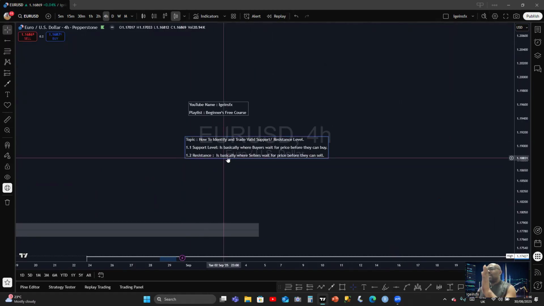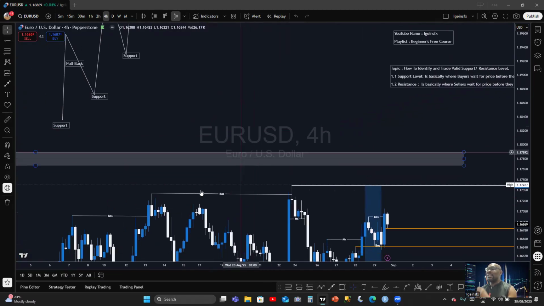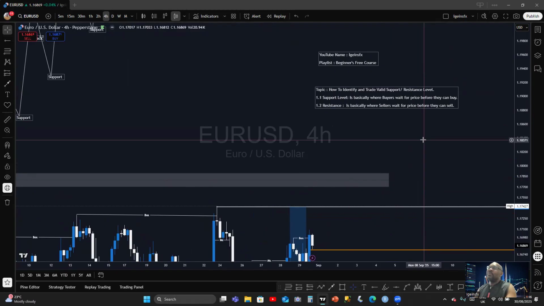How to identify and trade valid support and resistance levels, guys. The higher you go on the higher time frame, the stronger the level. So that is why you see some support levels break easily, because you are trading on the lower time frame.